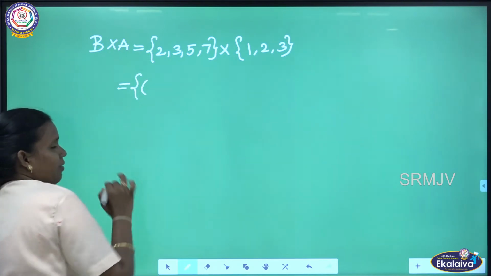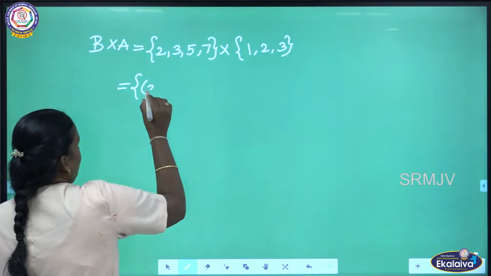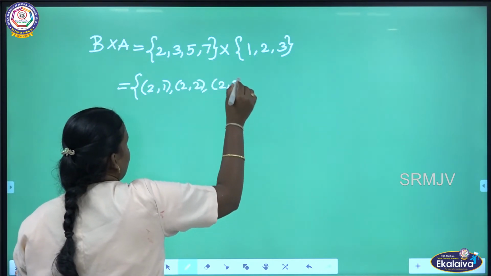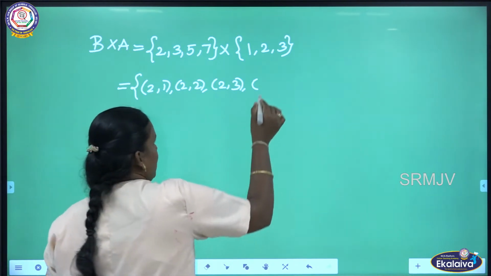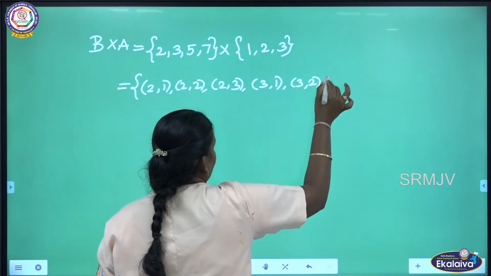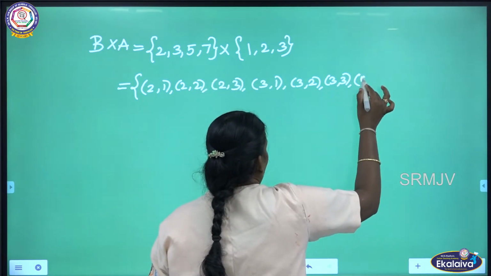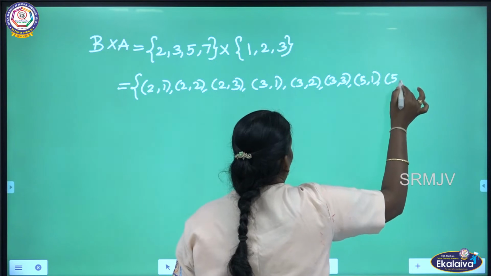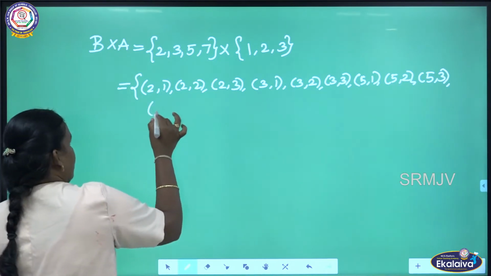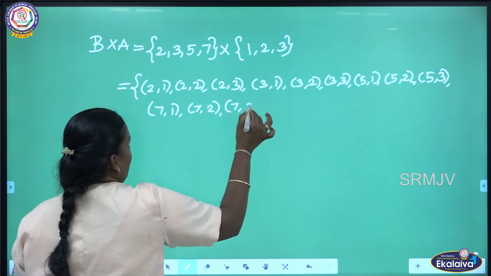First take the first element 2 and pair it with each element of the second set: (2,1), (2,2), (2,3). Then the second element 3: (3,1), (3,2), (3,3). Then the third element 5: (5,1), (5,2), (5,3). Then the fourth element 7: (7,1), (7,2), (7,3).